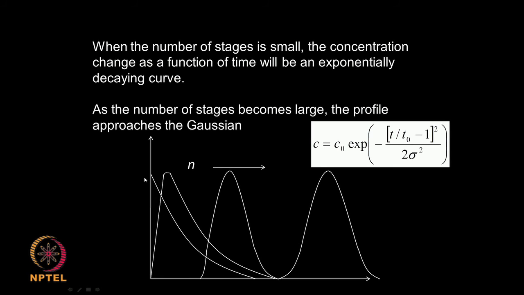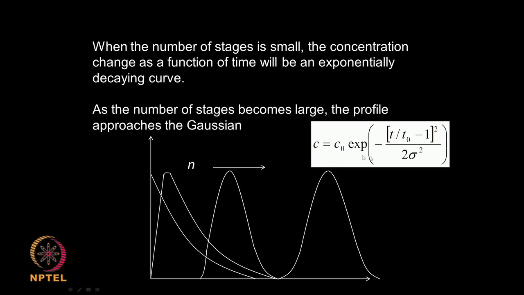exponentially falling, that is for n equal to 1. When I slowly increase n, when I make n equal to 2 and inject a sample at the entrance, the concentration will go up and then it will go down. As you keep increasing the total n, the concentration will keep going like this, and finally it may end up as a nice looking normal distribution or Gaussian distribution, which will obey this equation.